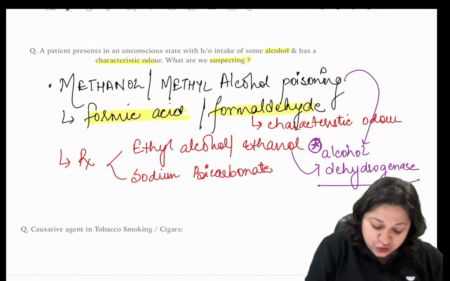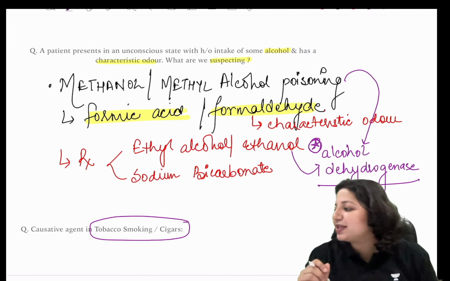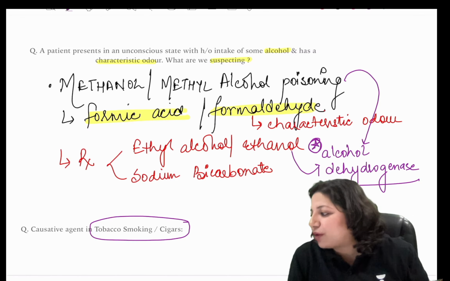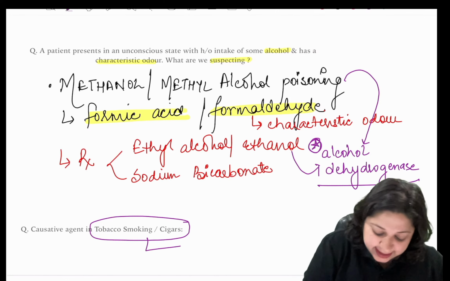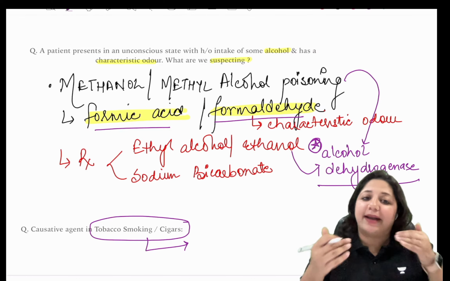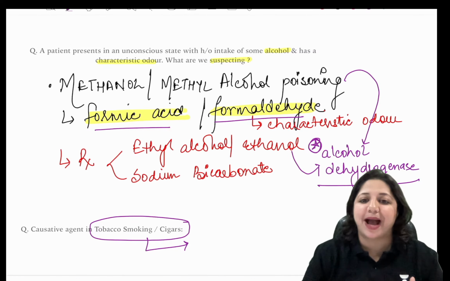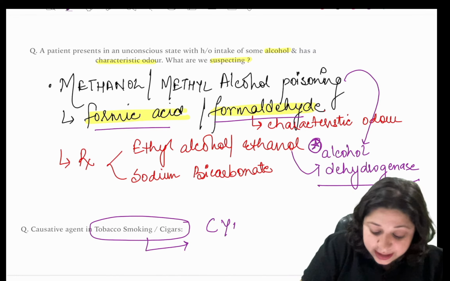Okay, so tell me the causative agent in tobacco smoking and cigars. So what is the causative agent in tobacco smoking and cigars? Here the agent is formic acid, formaldehyde. And when we consider cigar smoking, tobacco smoking, the agent is not nicotine.